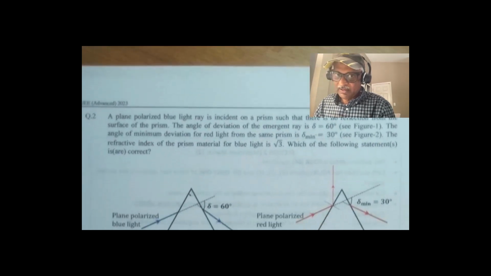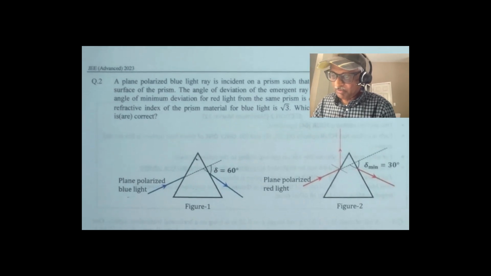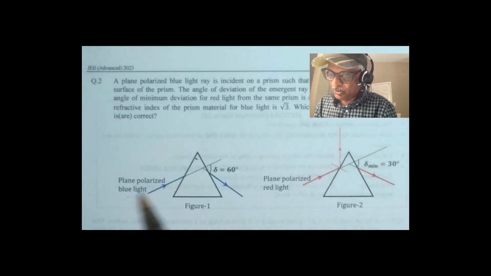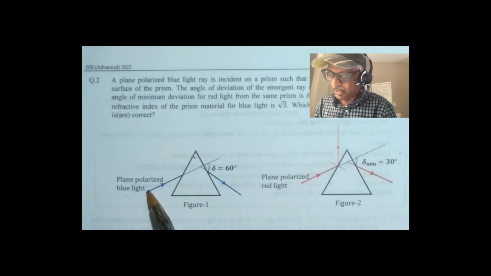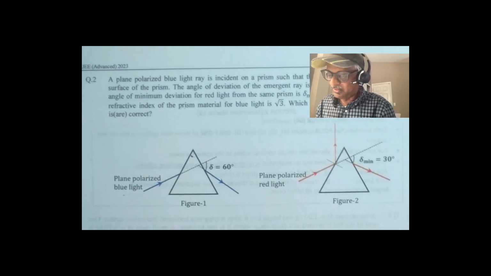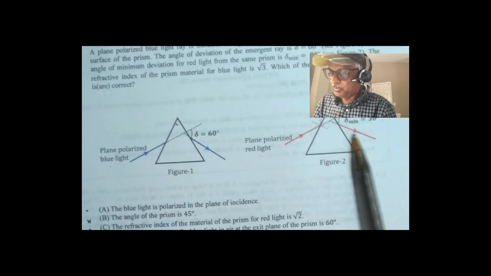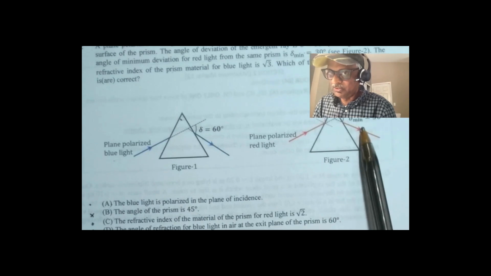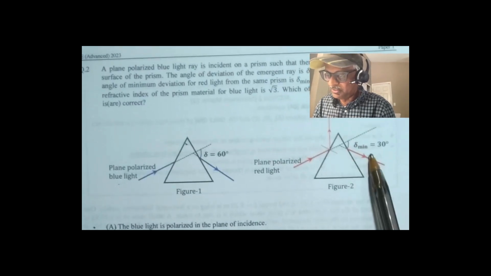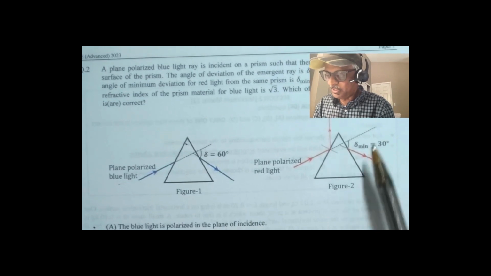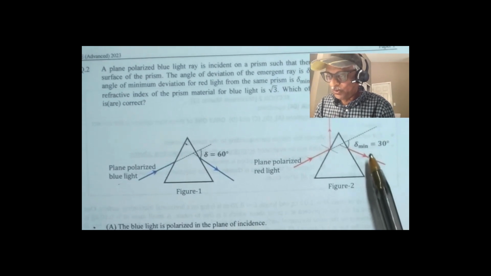The point is: what do you know about plane polarized light, and what do you know of Brewster's angle? And also, do you remember the minimum deviation formula? That's another point, because if you don't remember it or can't figure it out, you probably can't do this problem.